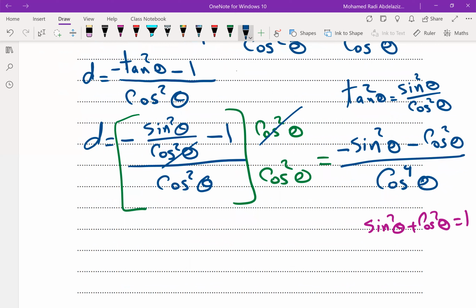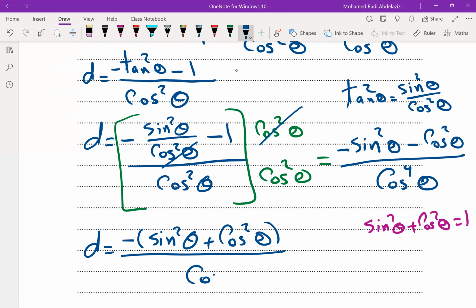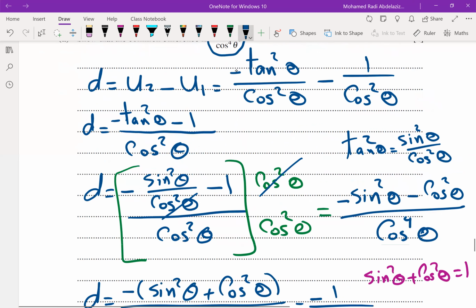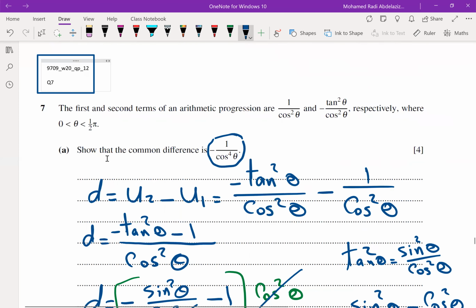By taking a negative outside, the difference is negative, sine squared theta plus cosine squared theta. We can remove it and write 1. So the final answer will be negative 1 divided by cosine to the power of 4 theta, as written in part 1, show that the common difference is.